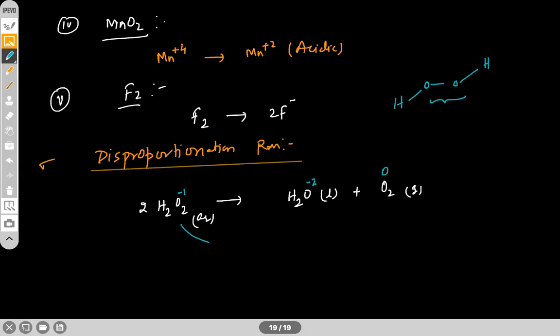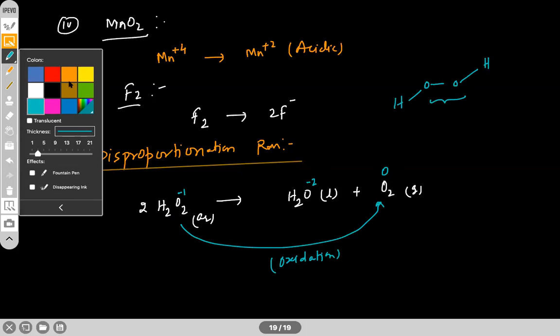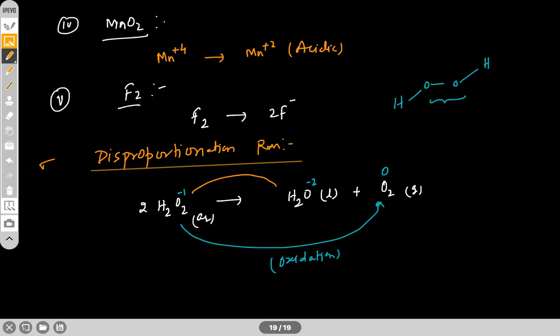From -1 to 0, oxidation state increases, so it is oxidation. From -1 to -2, oxidation state decreases, it is reduction. The same element is going under oxidation and reduction, hence the reaction is a disproportionation reaction. Important one: they ask questions like which of these reactions is disproportionation. They'll give you 4 reactions to identify.